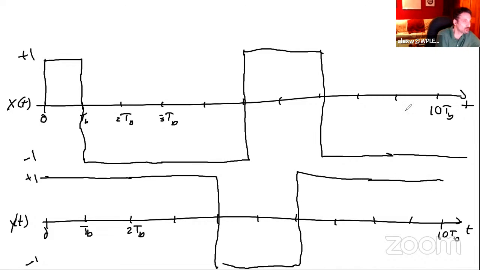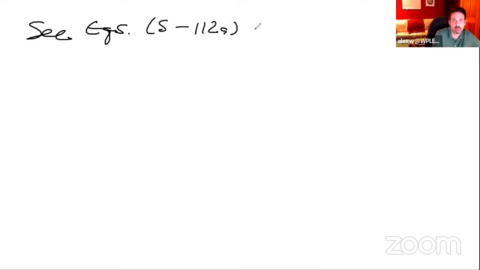In your book, we have these super important expressions, equations 5 dash A and 5 dash B. What you've got is the starting point, so it's not really x of t yet. It's kind of a predecessor.